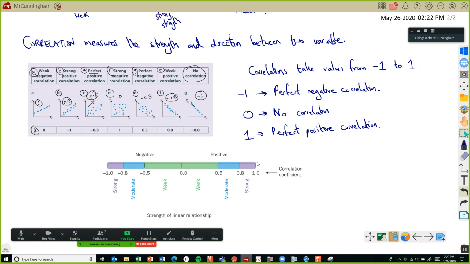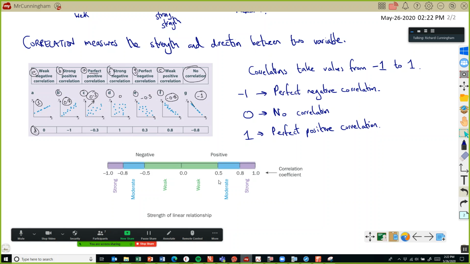So it becomes perfect positive at 1. The closer we move away from 0 in a negative direction, the stronger it gets in a negative direction. Is that okay so far?